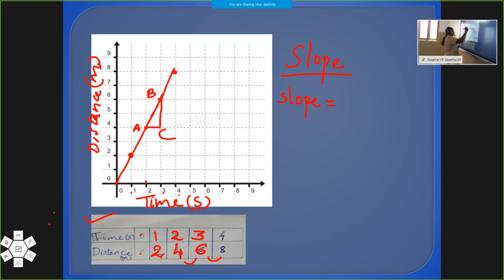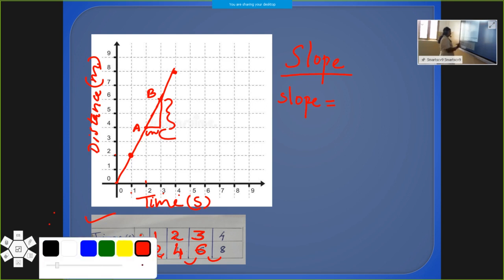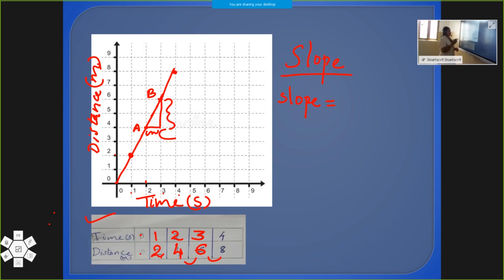Then this is the slope. Slope is AB, the slope of the graph. So how will you find the slope? Yes, slope is y by x. That is, what is in the y-axis by what is in the x-axis.